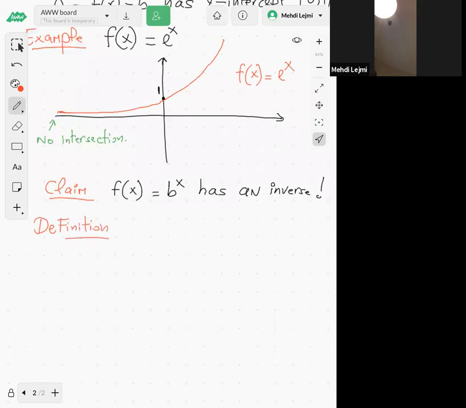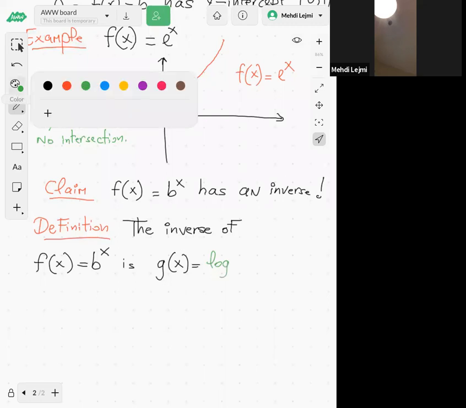So the inverse of f of x equal to b to the x is g of x equal to the log in base b of x.